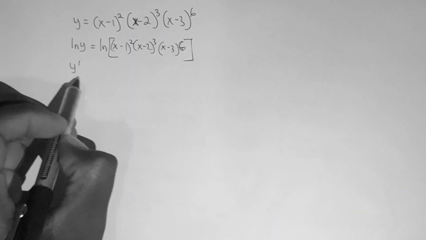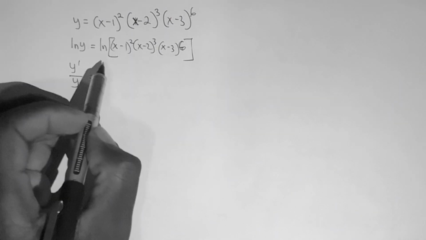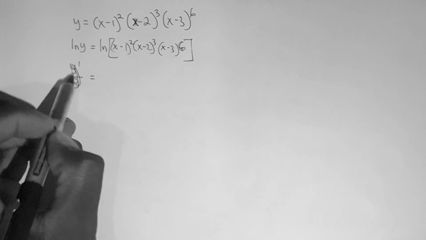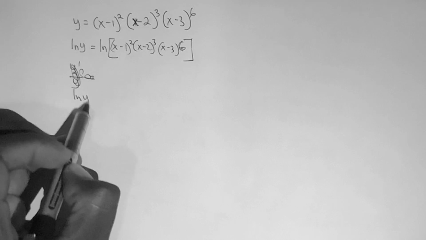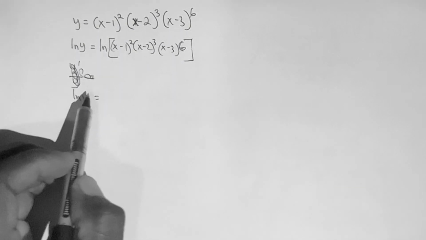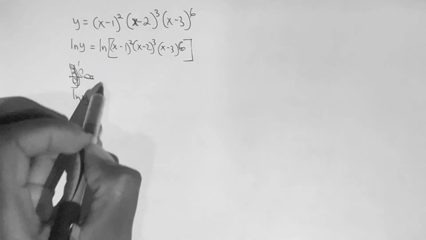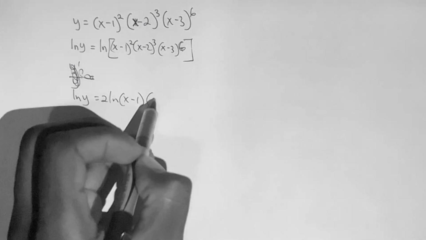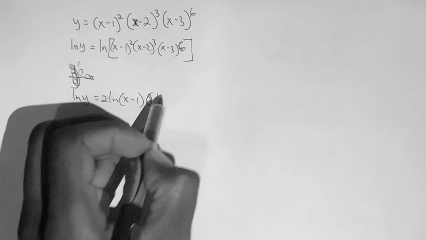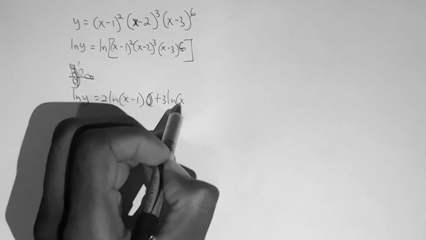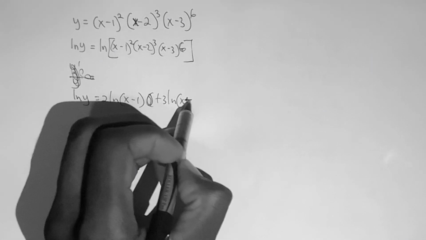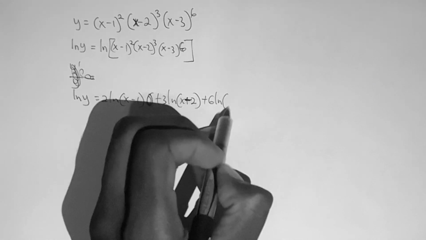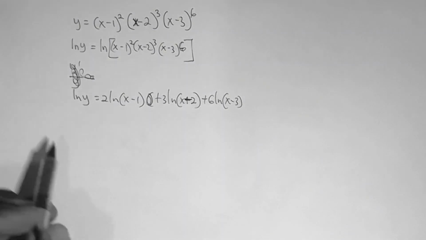So y prime over y is equal to, now applying the rules of logarithms, this becomes 2 ln(x minus 1) plus 3 ln(x minus 2) plus 6 ln(x minus 3).